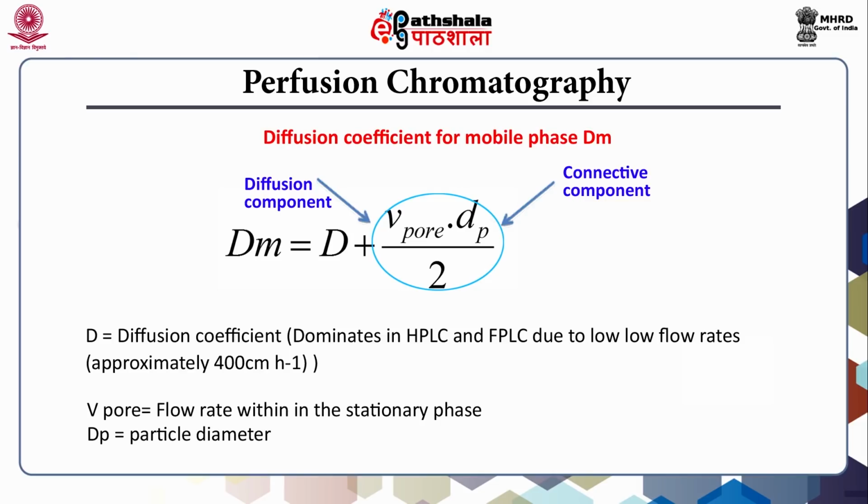In case of HPLC, this diffusion component dominates, and the same is the case in FPLC, but in case of perfusion chromatography the connective component dominates. In the next slide, we can see this further mathematically.